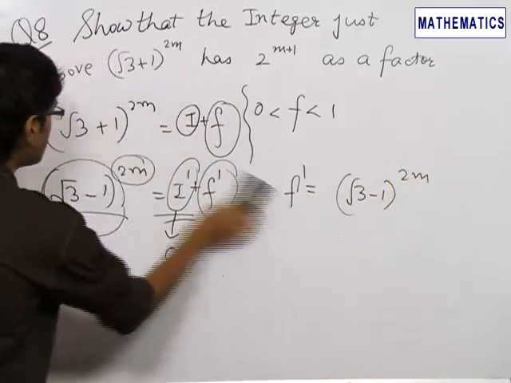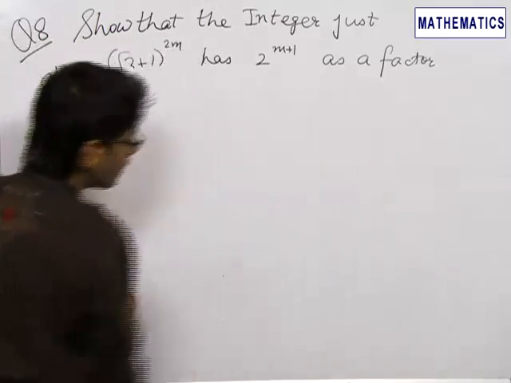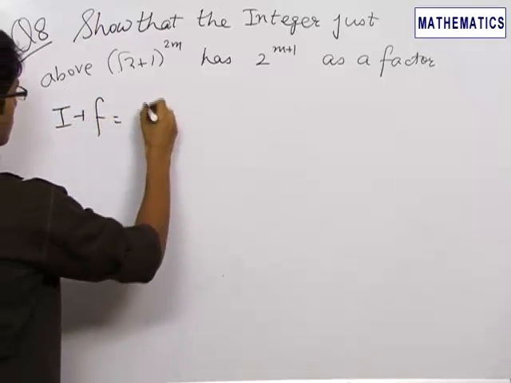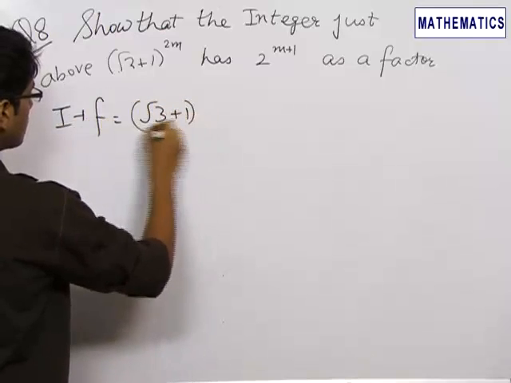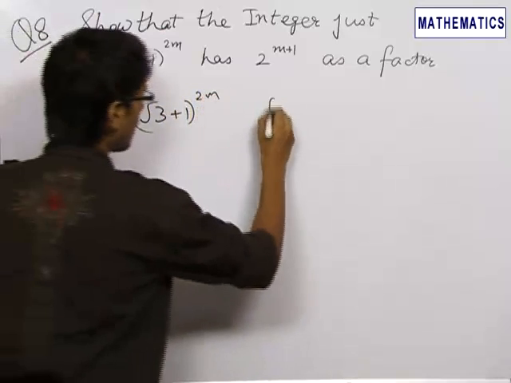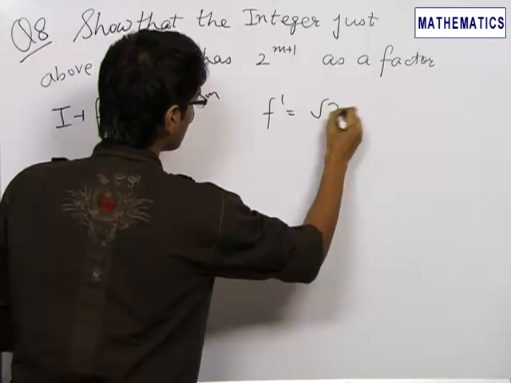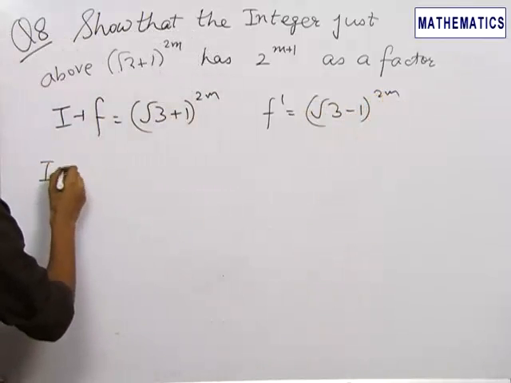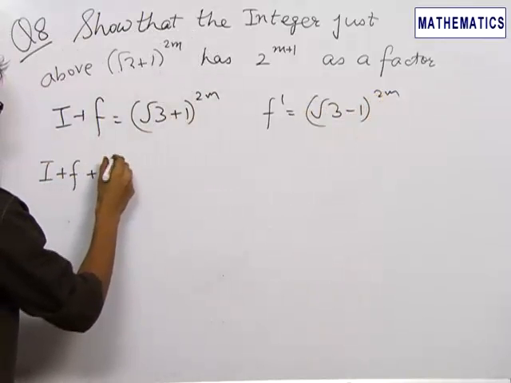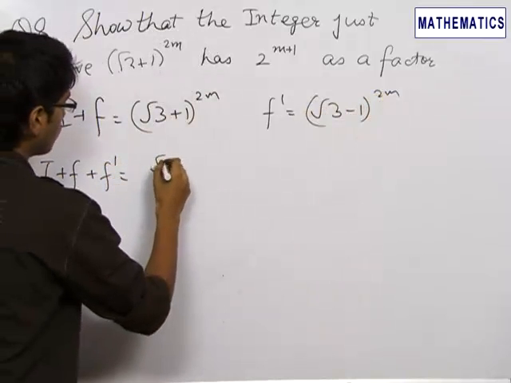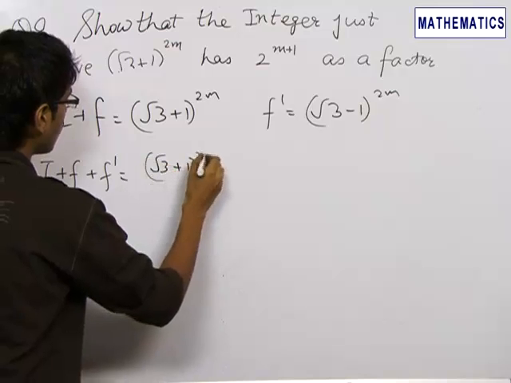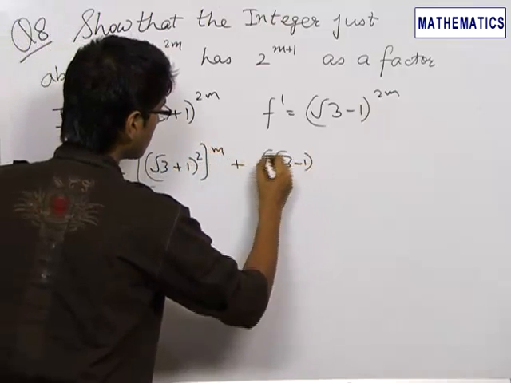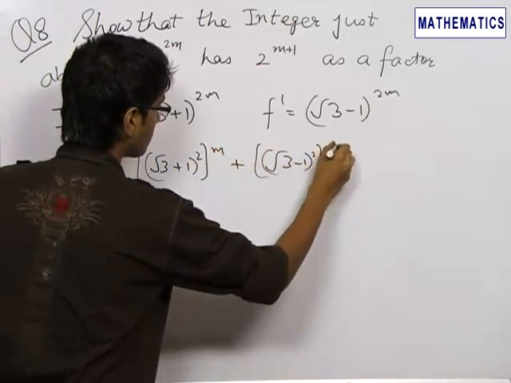So now what we do is, we first of all rewrite the whole thing again. I plus f will be equal to (√3 + 1)^(2m), and f' will be equal to (√3 - 1)^(2m). We add these two equations to get I plus f plus f' equals ((√3 + 1)^2)^m plus ((√3 - 1)^2)^m.